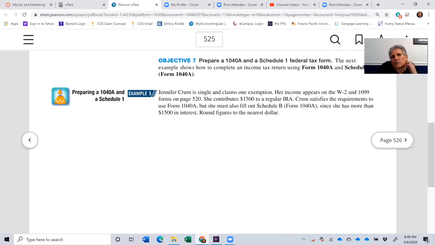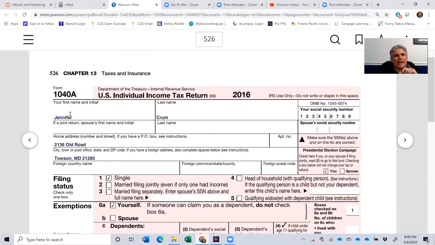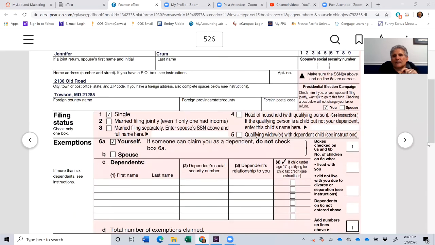Okay, so what we'll do is walk through the 1040A. That's going to be pretty straightforward. You list your name, the last name, your social security number, your address. There's an option whether you want to contribute to a presidential election campaign, but it doesn't mean you pay more.